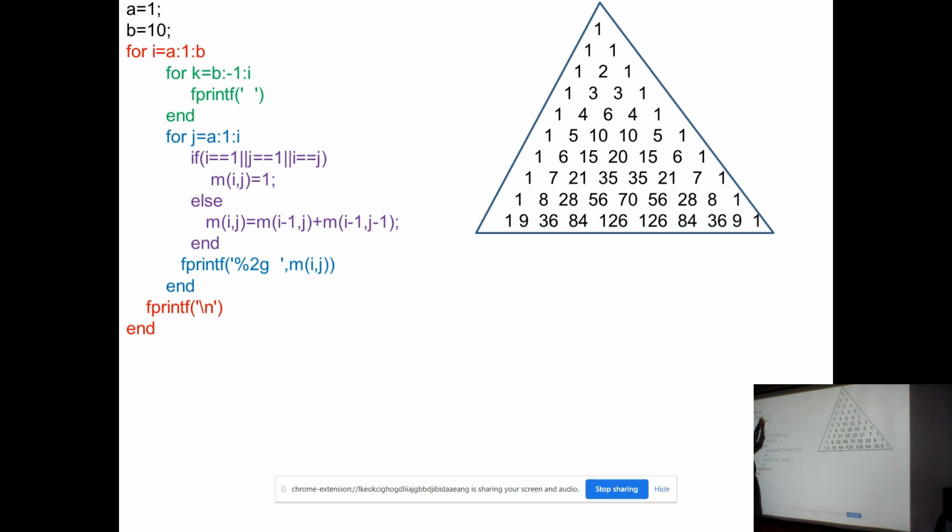So 10 times it will give the space, for example from the extreme left. 10 times space will be printed, first space, 9, another space, 8, another space, 7, 6, complete space is printed.